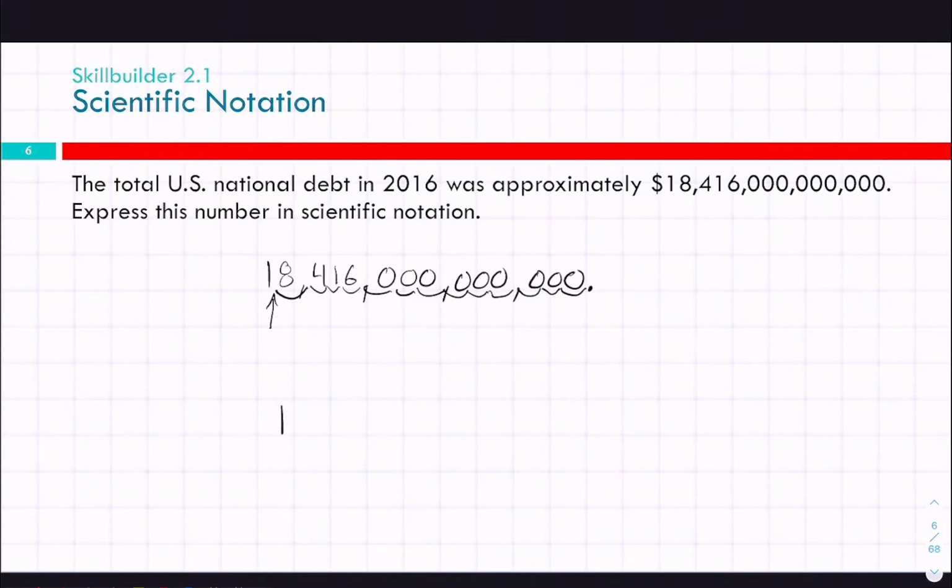So our number here is going to be 1.8416, and then we can add on the rest of those numbers as decimal places. This is going to be times 10, and then, right, 18 trillion is a big number, so our exponent here is going to be positive. Whoops, that's not 3, it needs to be 13.